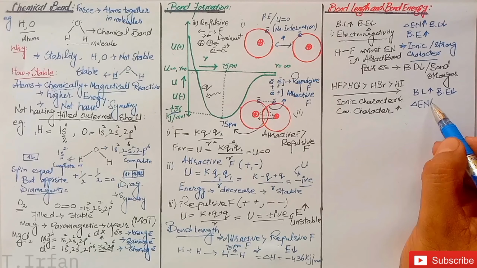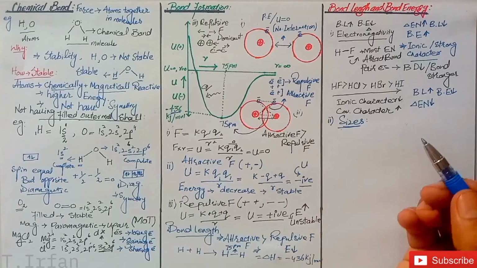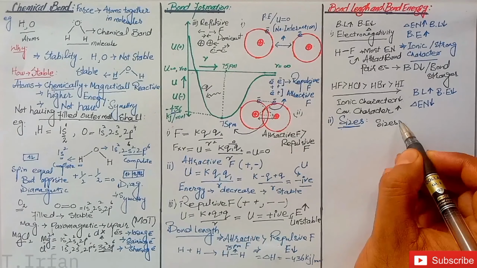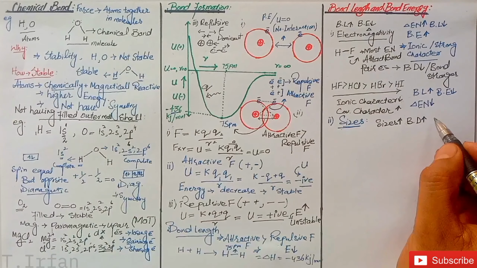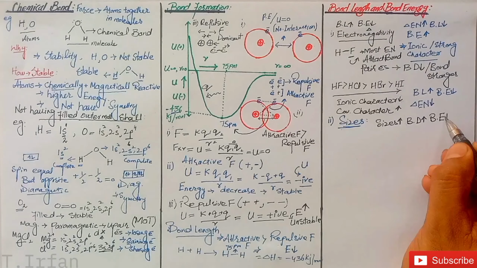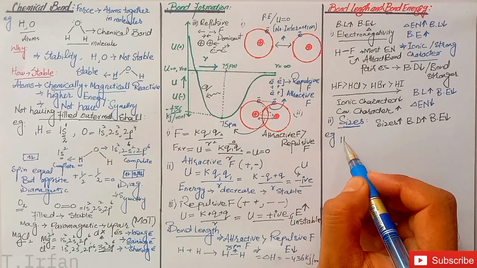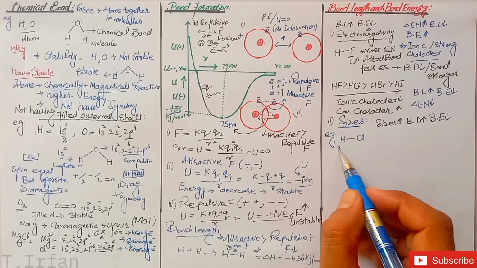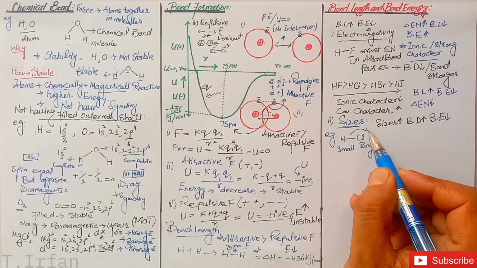The other factor is the size of atoms. This is very clear: as the size of atoms increases, the electronic shells increase. So in this way, the bond length increases and the bond energy decreases. For example, in the hydrogen chloride molecule, hydrogen is very small and chlorine is bigger. The bond distance between them is 127 picometer.